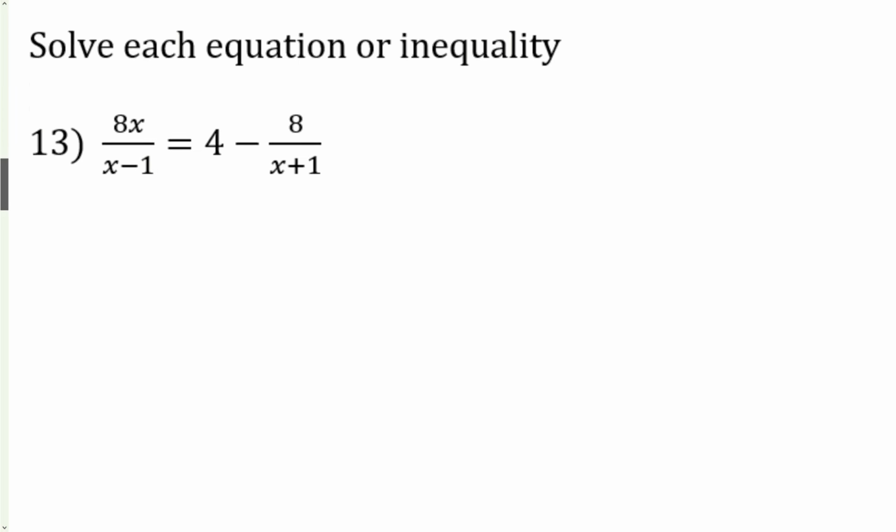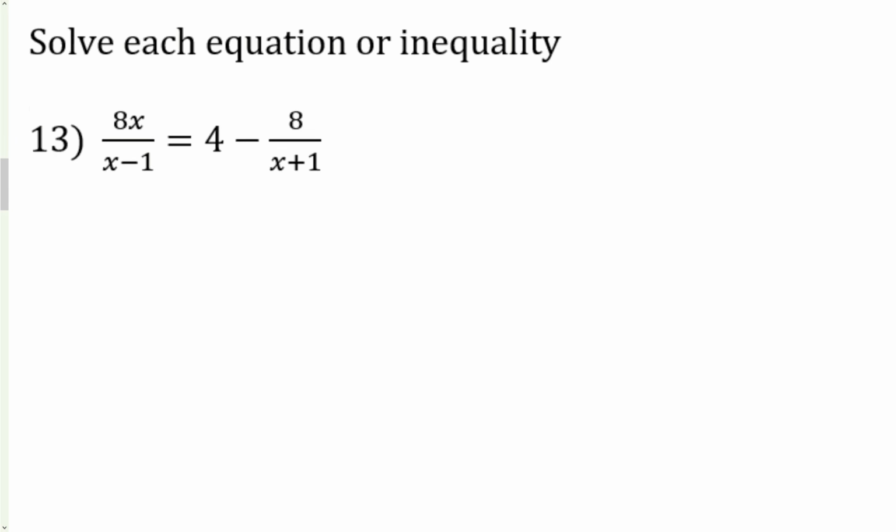Just for fun, let's solve some equations. Okay, so in order to solve this, I don't like those fractions. I'm going to multiply everything by the common denominator of the entire expression, which is x plus 1 times x minus 1. And I'm going to multiply just the numerators.